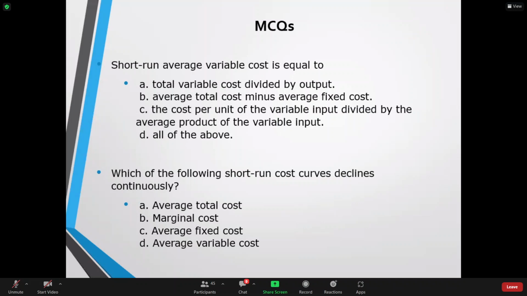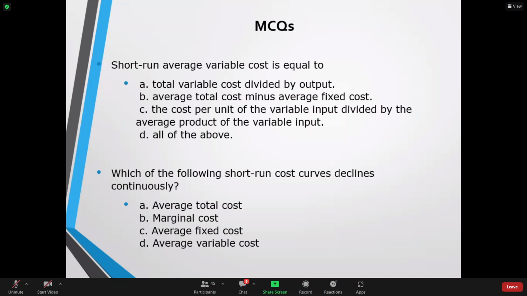Short run average variable cost. Yeah. What is the answer? Quick, you have to take 1 minute for this one.